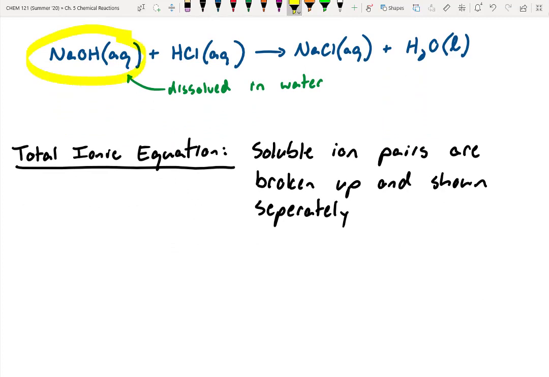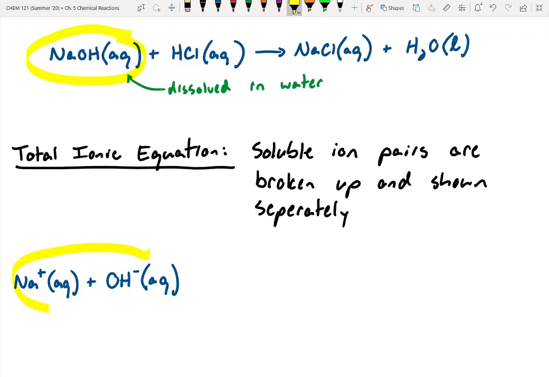So let's focus in on this. Sodium hydroxide is an ion pair, and specifically it's made up of sodium cations, which, when dissolved in water, are going to be aqueous, and it's made up of hydroxide anions, which are again going to be aqueous. Now let's go to the next one.